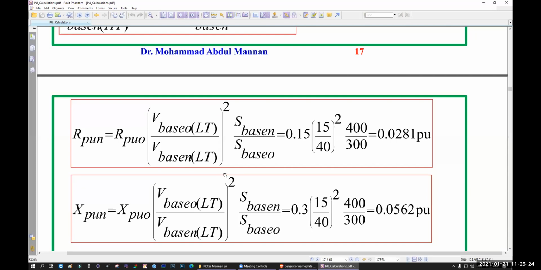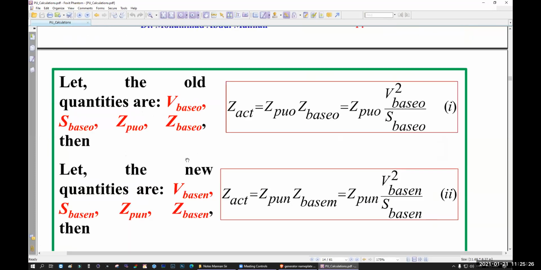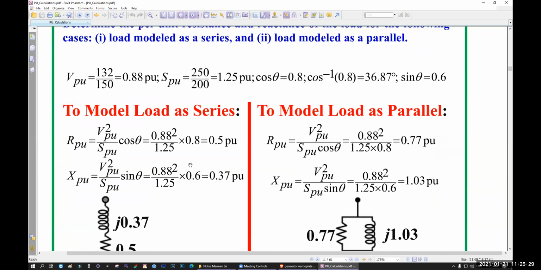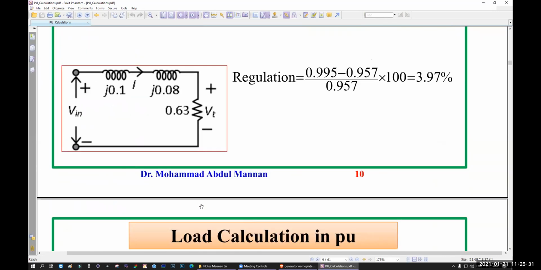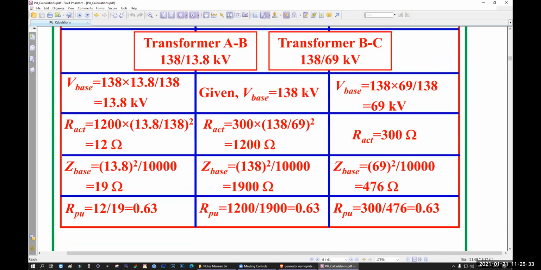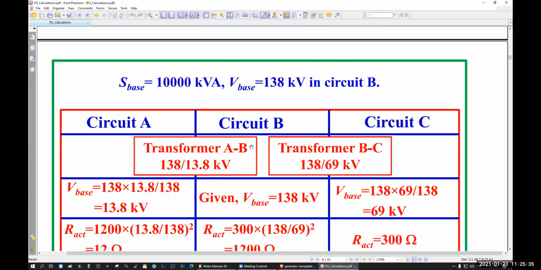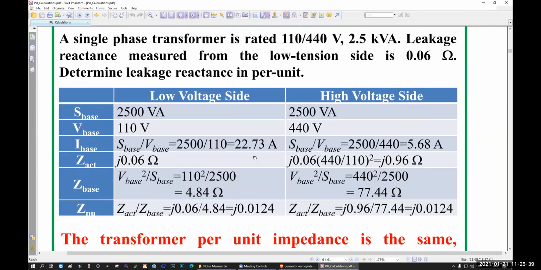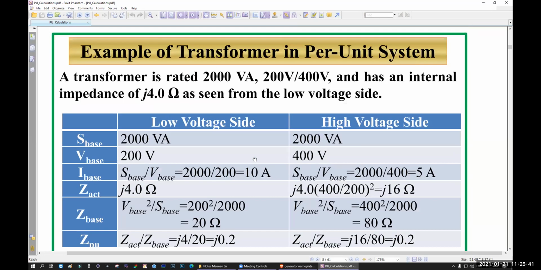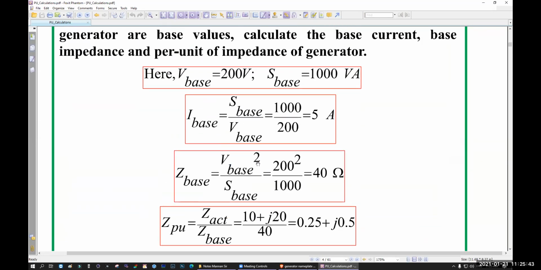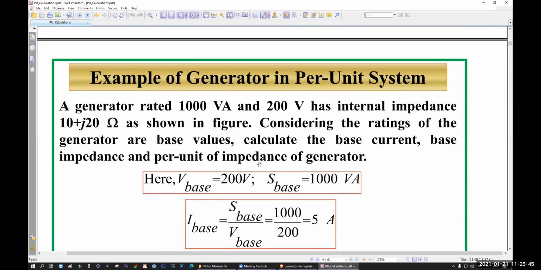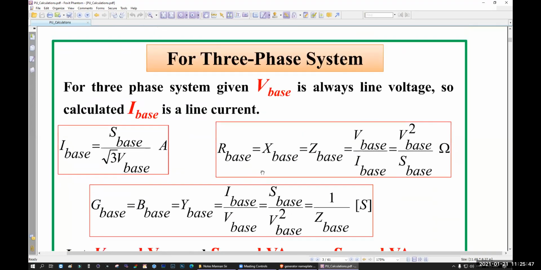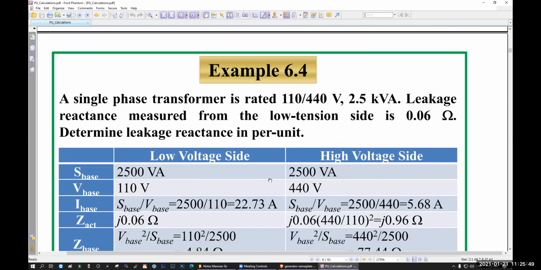Somewhere here, meaning where is it written? No, it is not written here, but I'm going to write it for you.